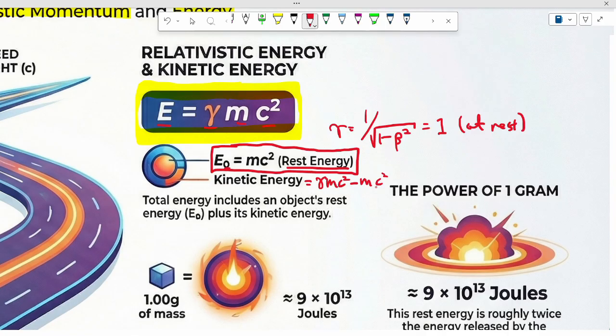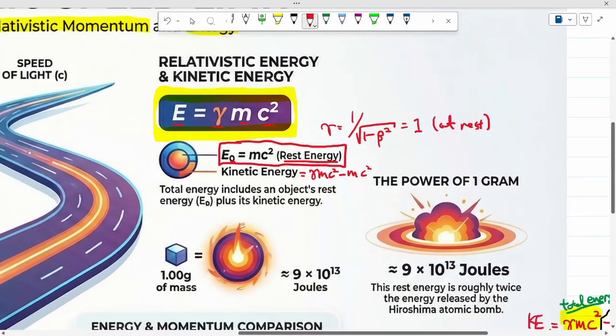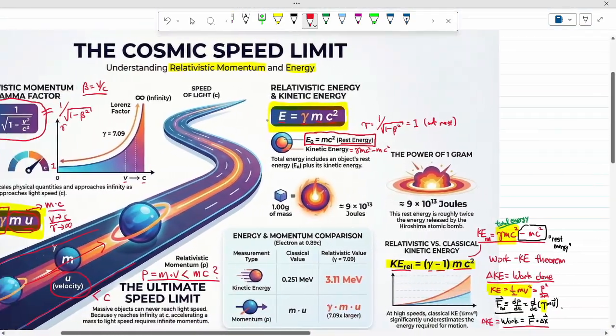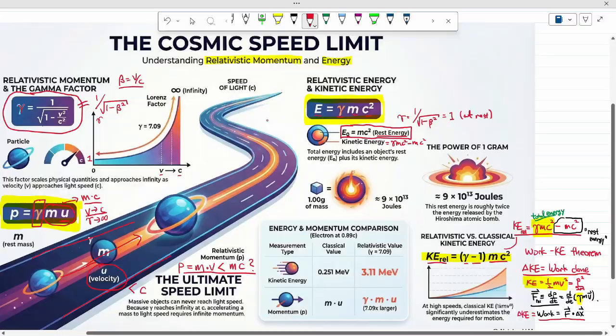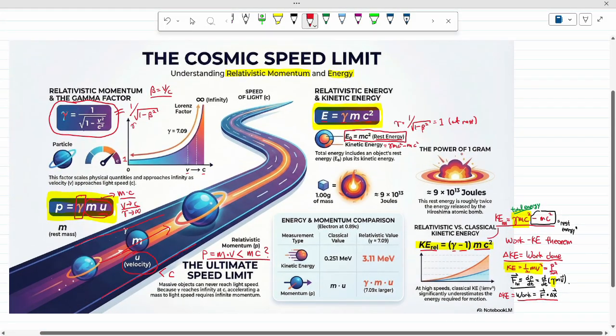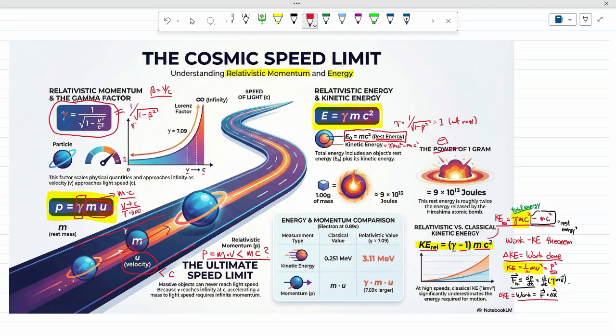So yeah, that's the quick primer on relativistic momentum and energy. And this relativistic energy is a really large amount of energy. As you can see in this infographic here, it says the power, but it's technically the energy, because power is energy per time.